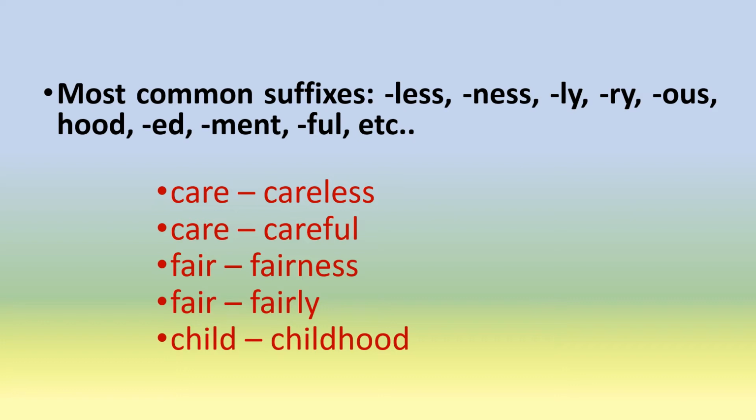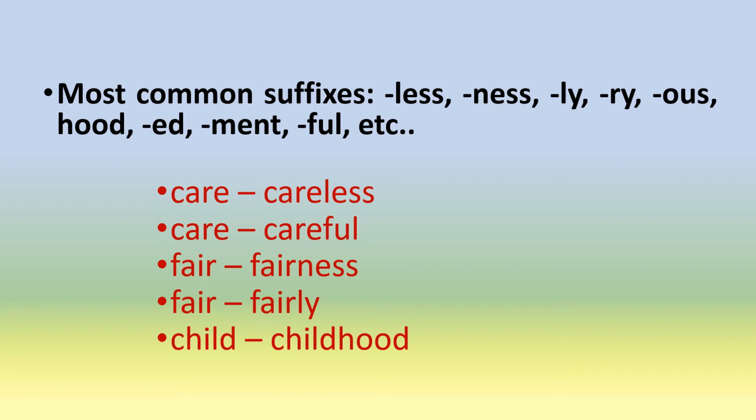Again, we are taking the same word care in the second example. But this time we are adding full as a suffix. So the care changed here as careful. The third one is fair. Here suffix is ness. So the word fairness.